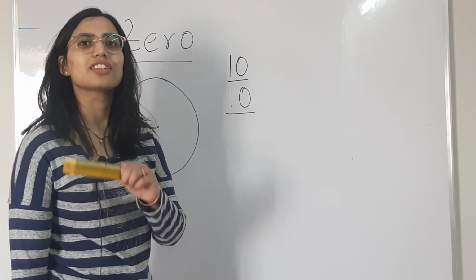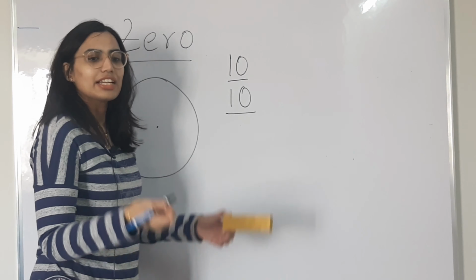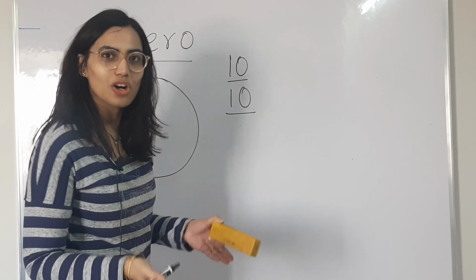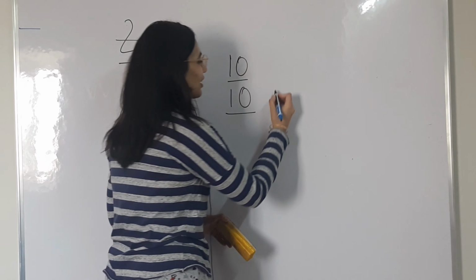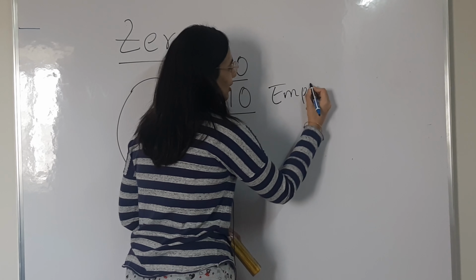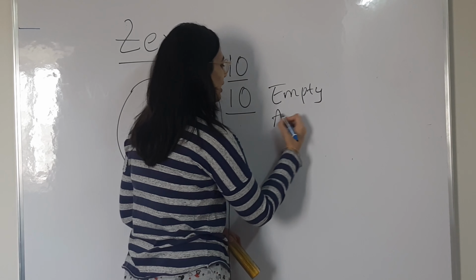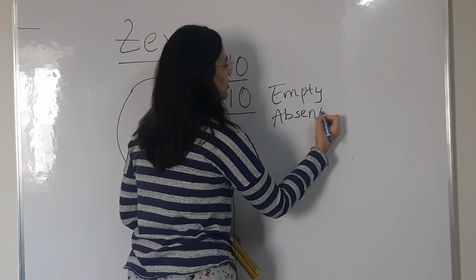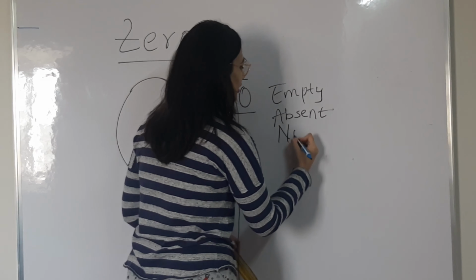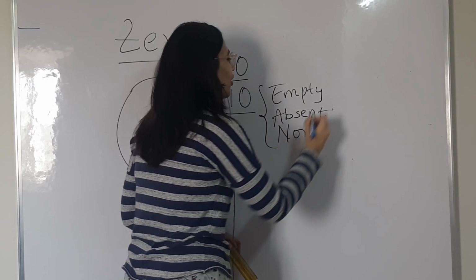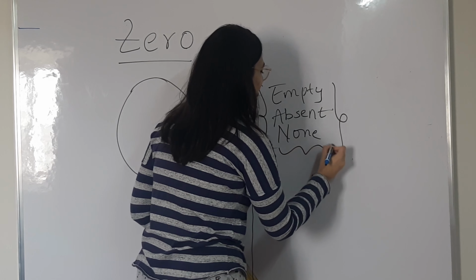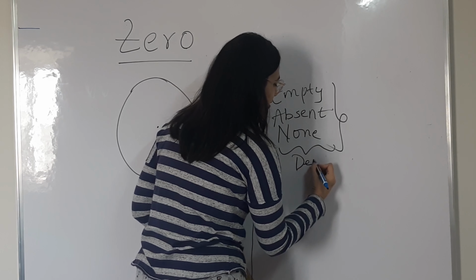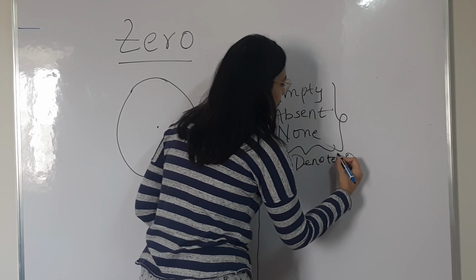You'll be left with no chocolates. If you have a tray that is carrying chocolates, then the tray will be empty. They will be completely absent. There will be none. All these are nothing but they denote 0.